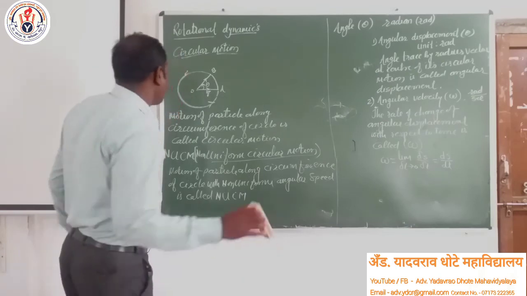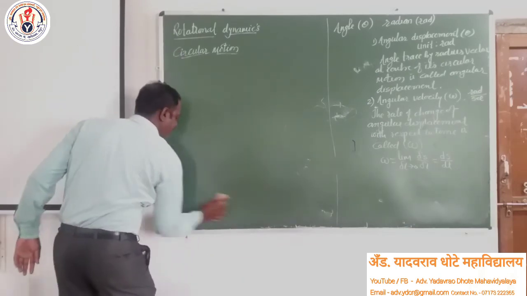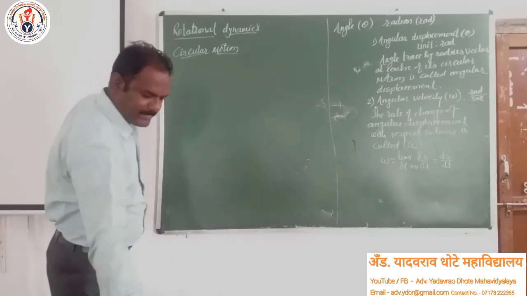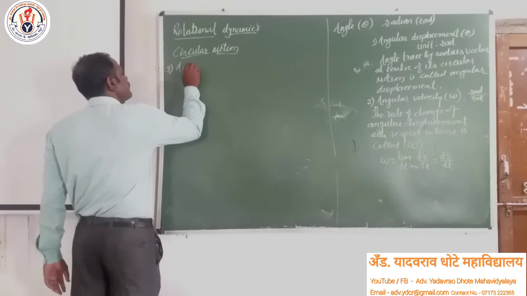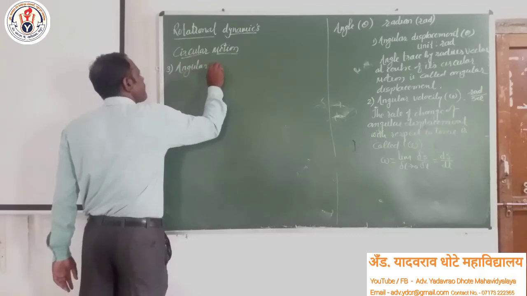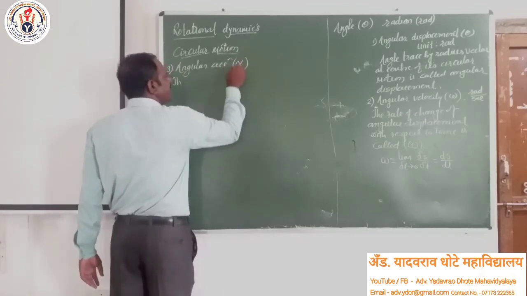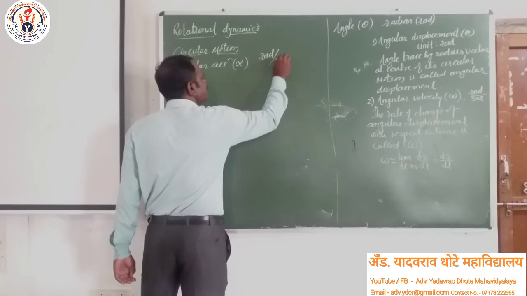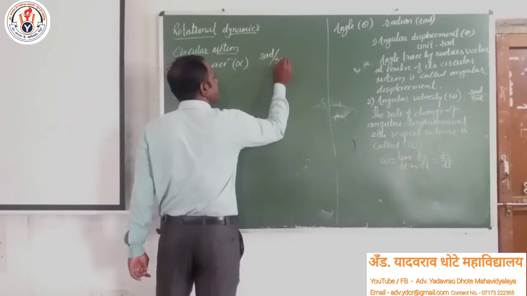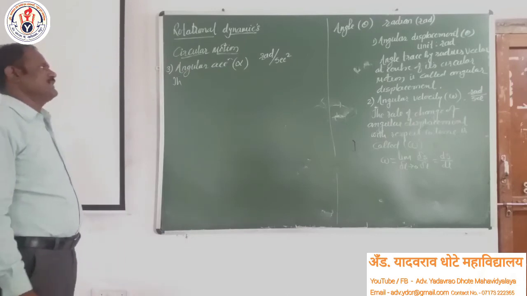So now next topic, angular acceleration. Angular acceleration is denoted by alpha, and unit is radian per second square. Again, what is the angular acceleration?